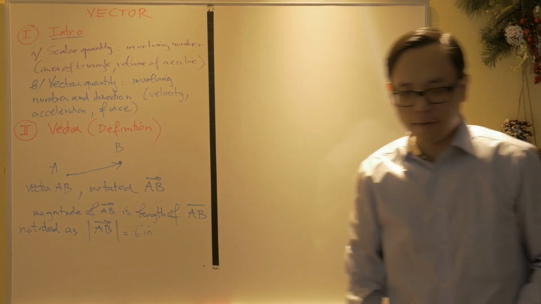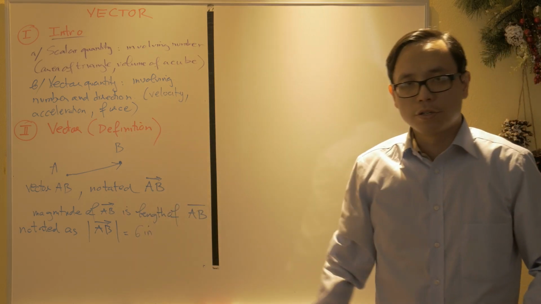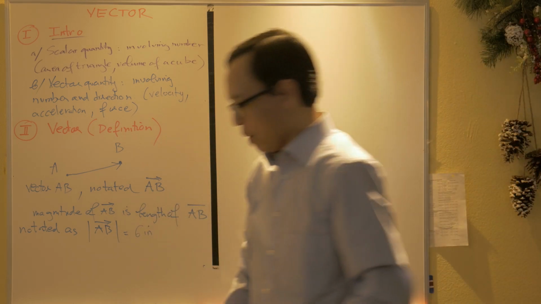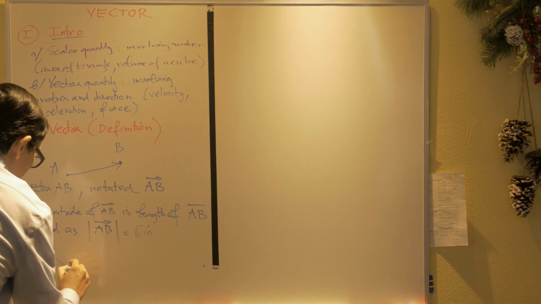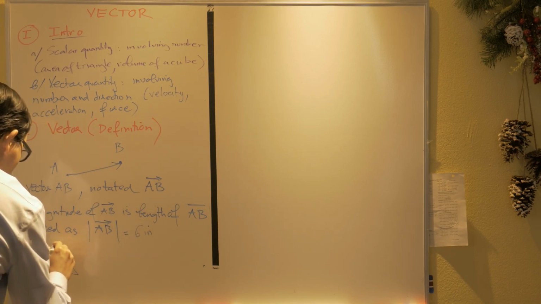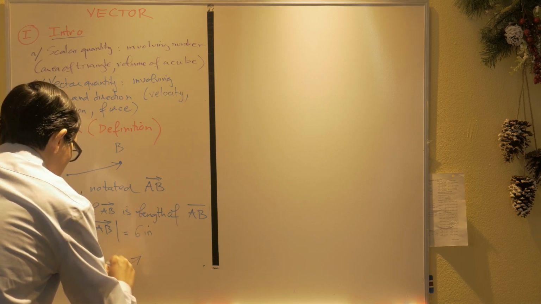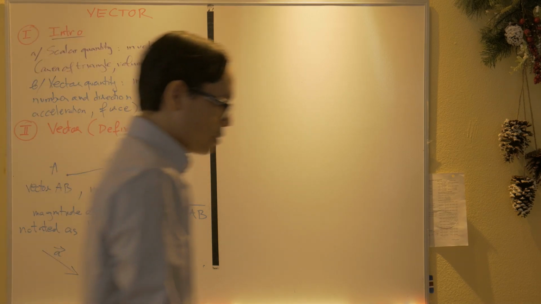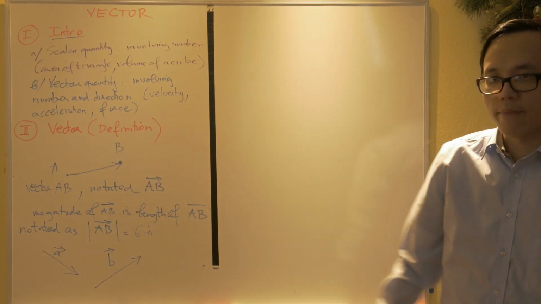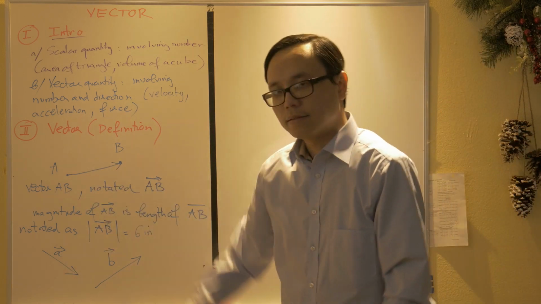So you can draw a bunch of vectors in 2-dimensional space. I can draw like this, I call it vector A. Or I can draw like this, and I say this is vector B. I can name anything I want, it doesn't have to be like this.